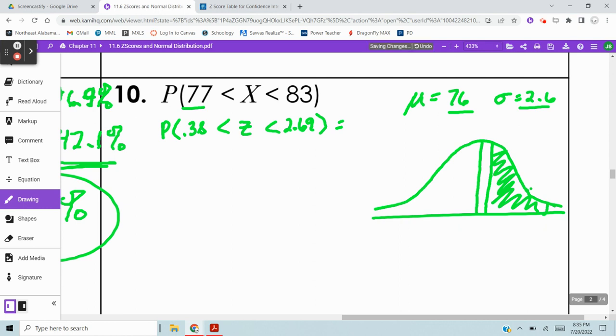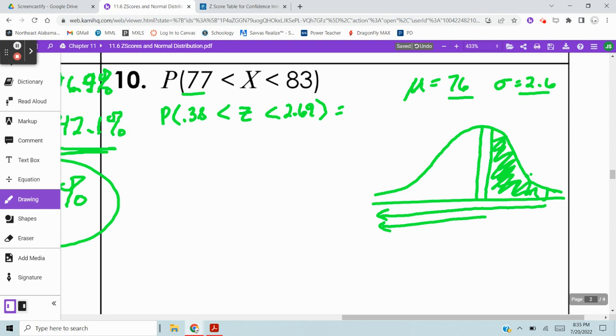We're going to follow the same process. We're going to use 2.69 and find how much of the area is below 2.69. Then we're going to find out how much of the area is missing over here down below 0.38. And to find this shaded region, we're simply going to subtract the two. So let's find each of those areas to begin with.